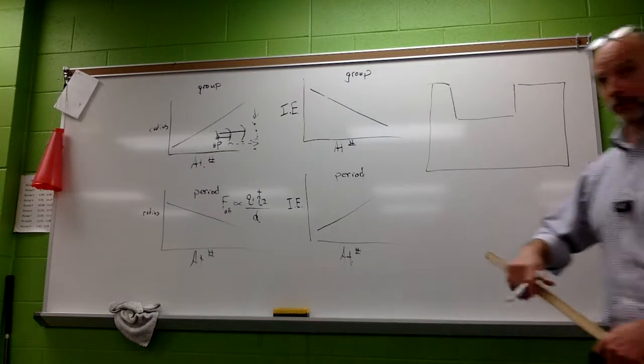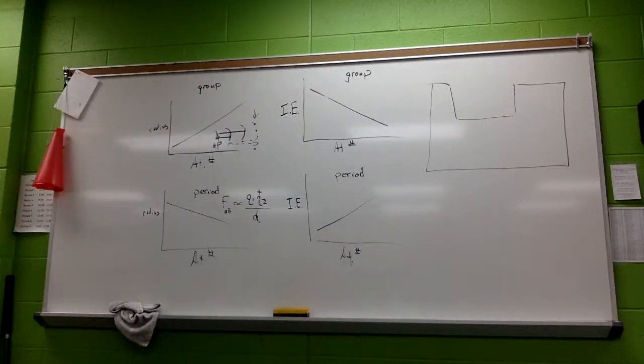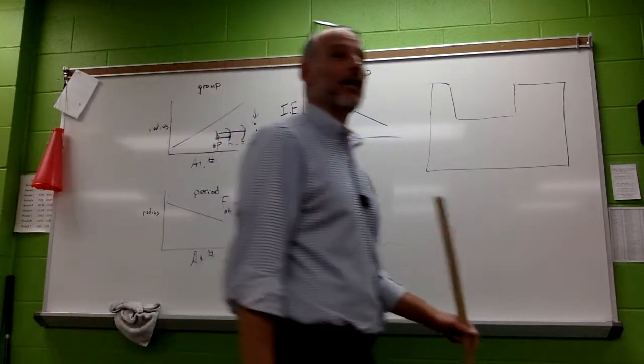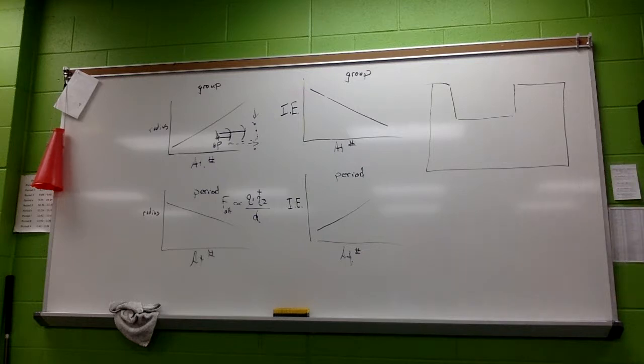Ben is pointing to here. I saw you point here. I don't know what he was pointing at. What do you say? The top left, he said, would have the highest or lowest ionization energy. He's half right.